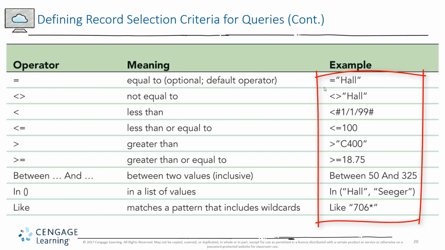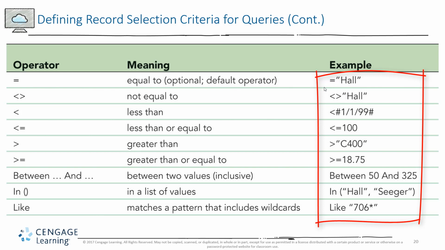But between two values, so if we were looking for, say, the number 75, would it show up in our record selection criteria between 50 and 325? It would show up, any values that we would have, including our 75, between those two. If we have a list of values of Hall and Seeger, then it's going to find everything in a list of values that meets Hall or Seeger.